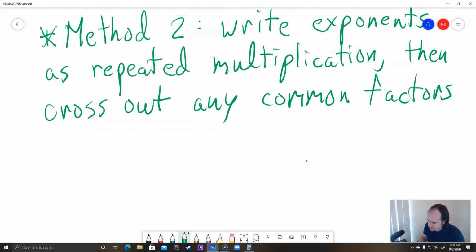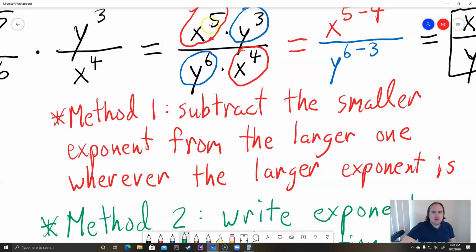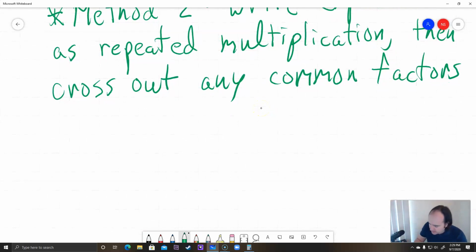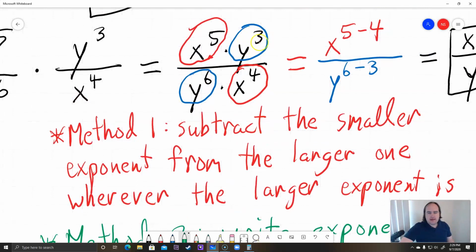Okay, so with method 2, we're going to start with the x to the 5th. That means we have a total of 5 x's in the numerator. So in the numerator, we're going to have x times x times x times x times x. So 5 x's. And then also in the numerator, we have y cubed.